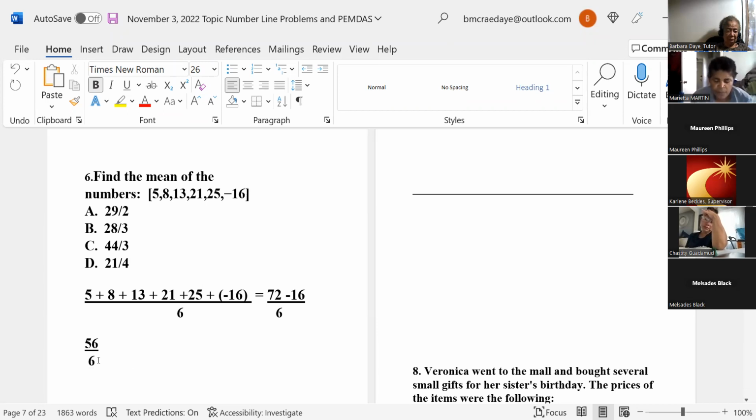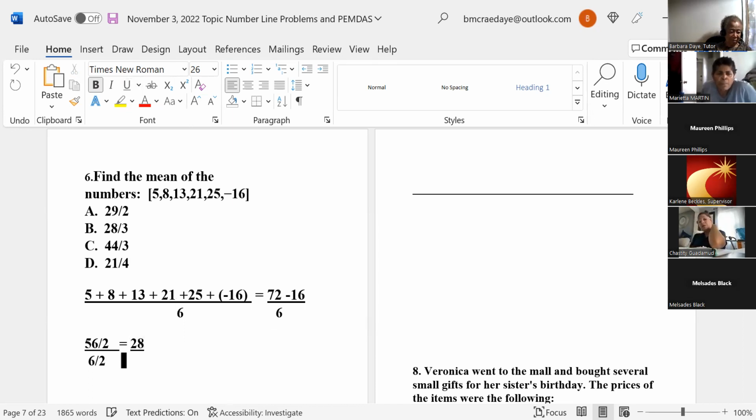Yeah, right. So you can divide 6 by 2 and you can divide 56 by 2. What's 56 divided by 2? It's 28. What's 6 divided by 2? 3. That's it. So you got your answer.